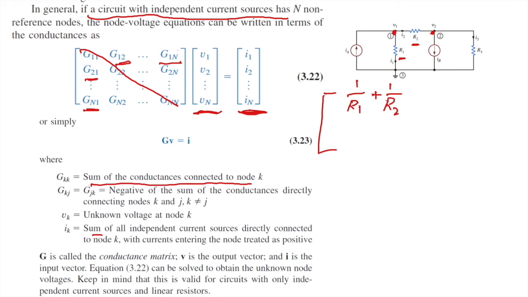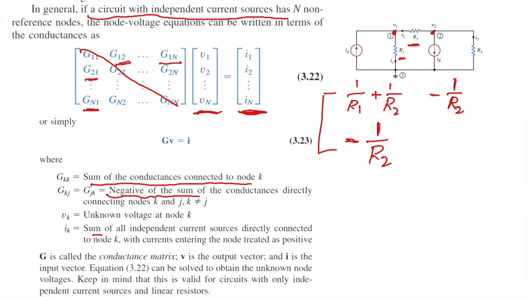How about G12? Between node 1 and node 2, there's R2. And be careful, that is the negative of the sum of the conductance. So this is negative 1 over R2. And G12 equals G21, so here it is symmetrical.